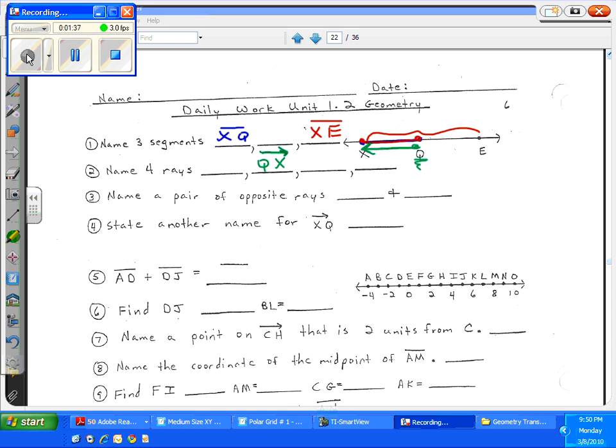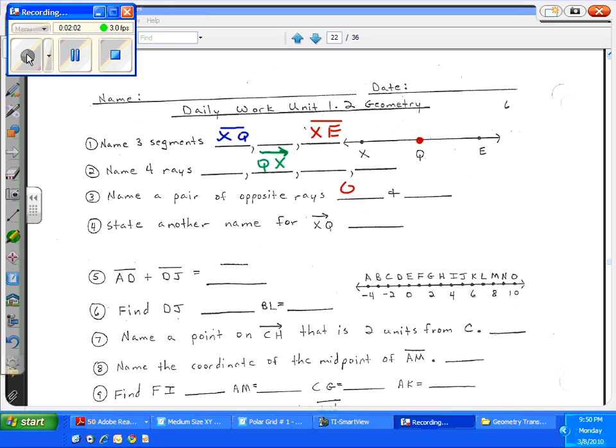Opposite rays, recall, are rays with a common endpoint that go in opposite directions, and so that would be the one going this way and then the one going that way from point Q, right? Opposite rays. Rays with a common endpoint going in opposite directions.